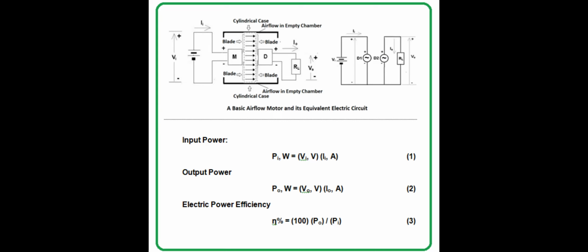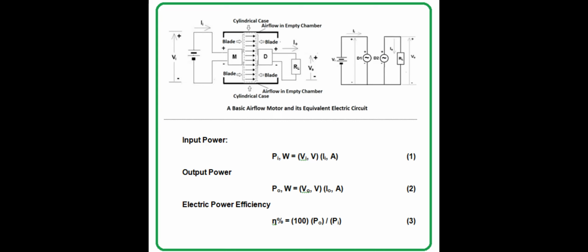The output power P0 in watts from the airflow motor is defined by the formula P0 in watts is equal to V0 in volts times I0 in amps. That's equation 2.